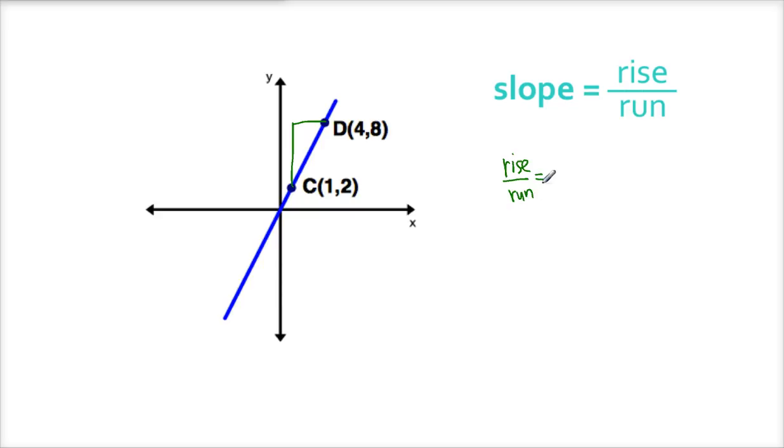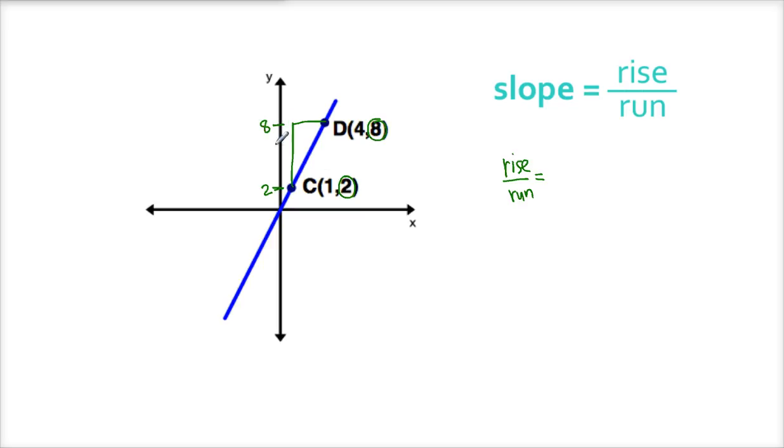So let's look at the rise. Now once again, remember the rise is talking about movement in the y direction. So in my points, I'm just focused on these y values. Okay, so this point, the y value is at 2, and this point, the y value is at 8.